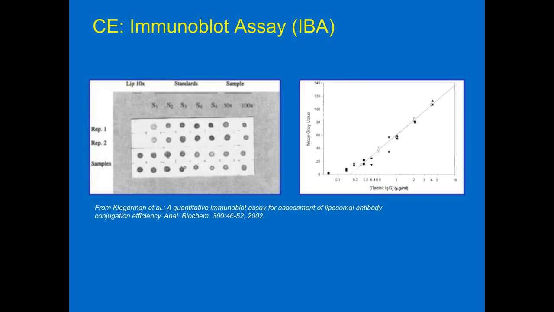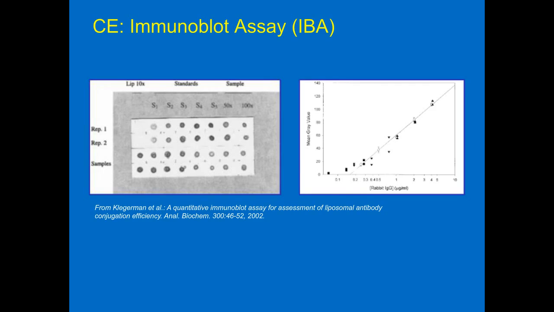And then here is just to show you what the immunoblot assay looks like. These are immunoblots of liposomes after purification, and we do densitometry of the blot, and we find the semi-log plot is linear, and our effective range is from 0.3 to 4 micrograms of IgG per ml.